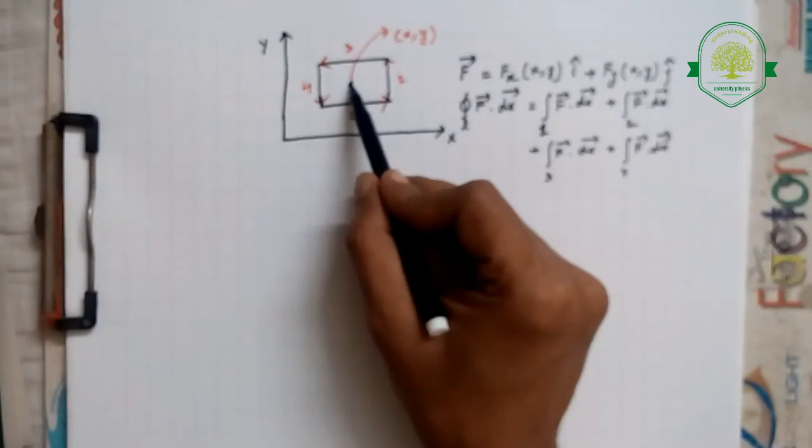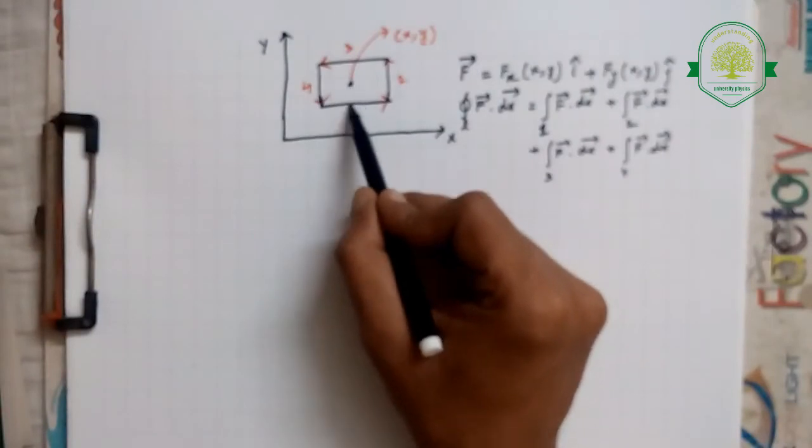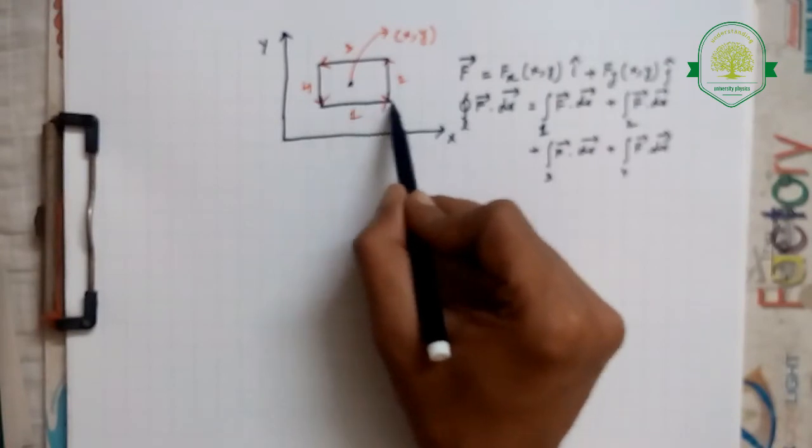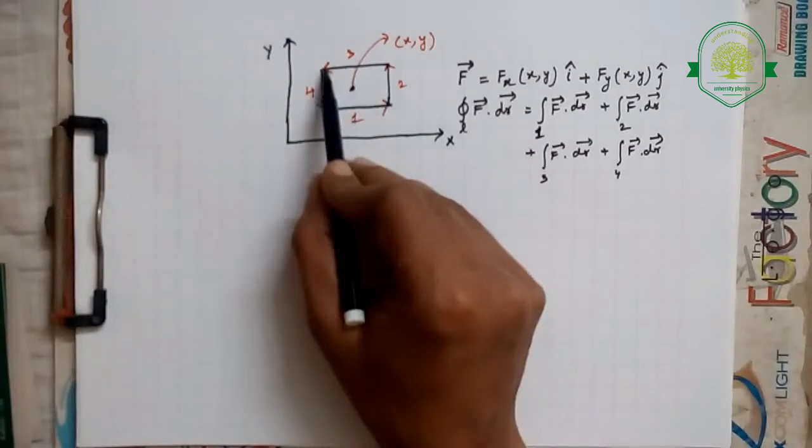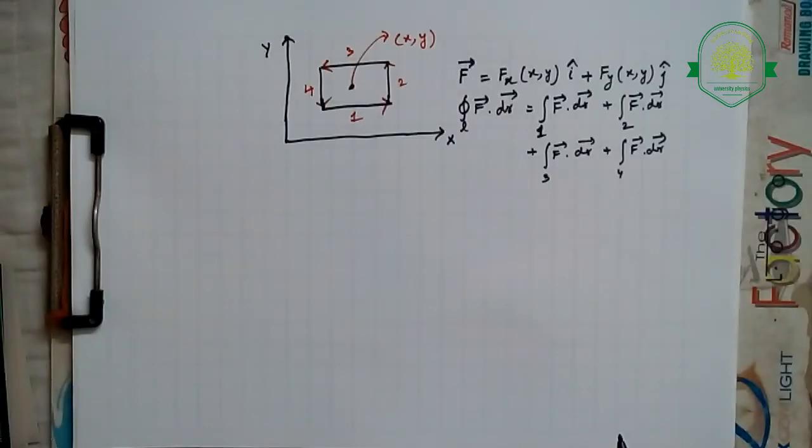If the y coordinate of the center is y, then along this entire line y is constant at y minus delta y over 2, and along this entire line y is constant at y plus delta y over 2.